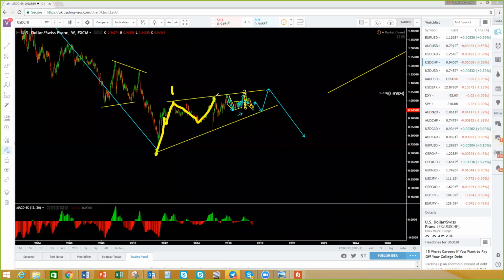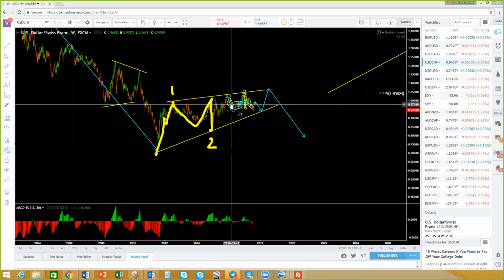You need to understand how it works, because sometimes it may not be as clean. Oh, my drawing is not going properly here. Sometimes it may not be as clean as we want it to be. Wave 2. Let's clean out here.